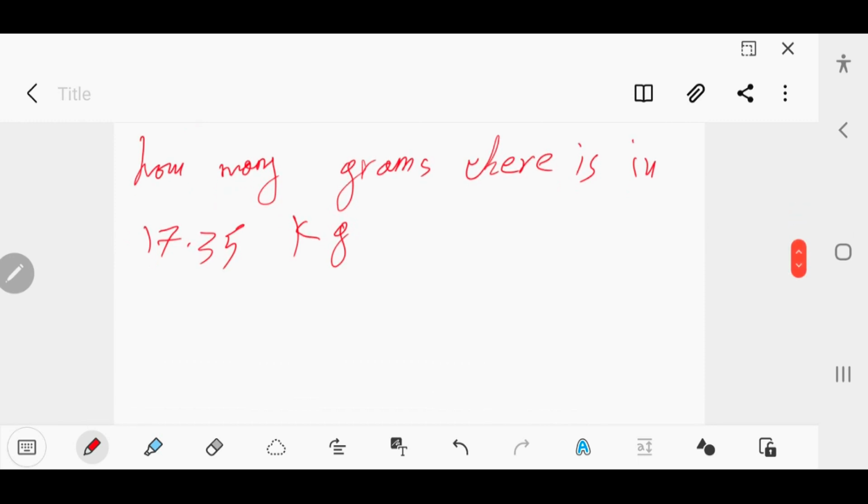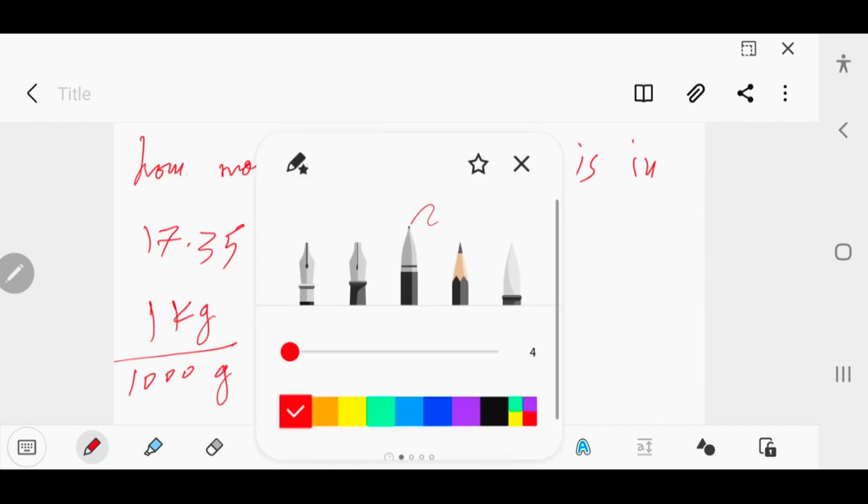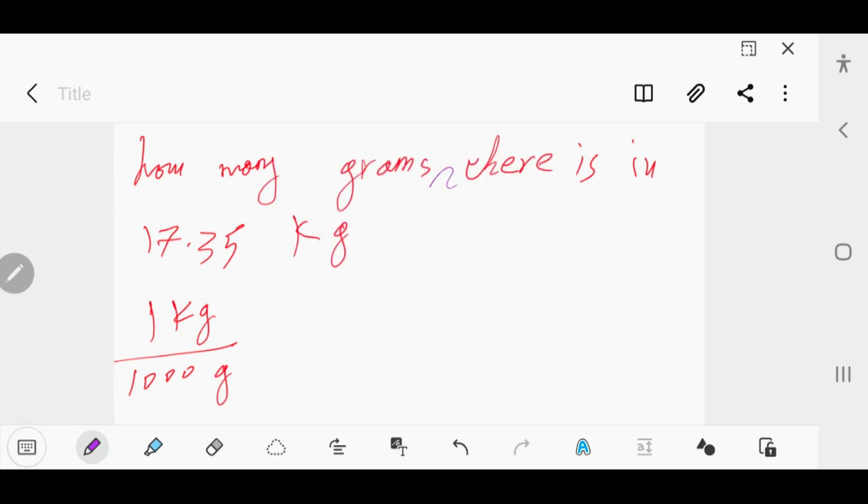Same thing, the ratio is 1 kilogram equals 1000 gram. The question is asking about grams and the given is kilogram. So you have to find the ratio between gram and kilogram: 1 kilogram equals 1000 gram, or 1000 gram over 1 kilogram.